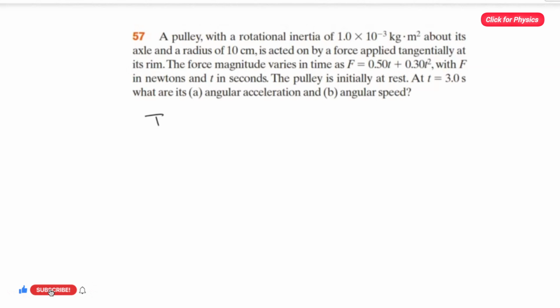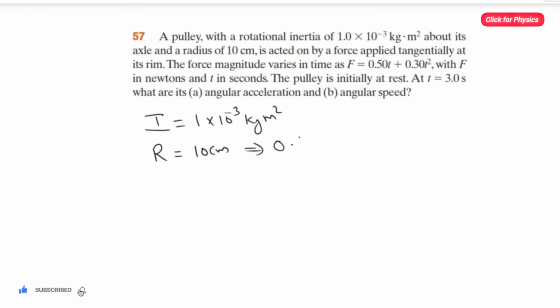The moment of inertia I is given here as 1 × 10^-3 kg·m². This pulley has the radius r equal to 10 centimeter, in terms of meter 0.1 meter.